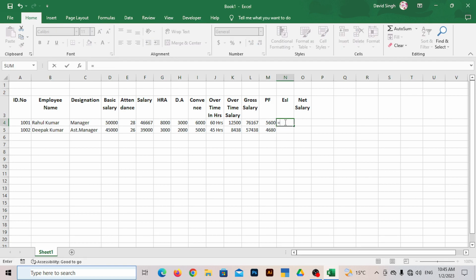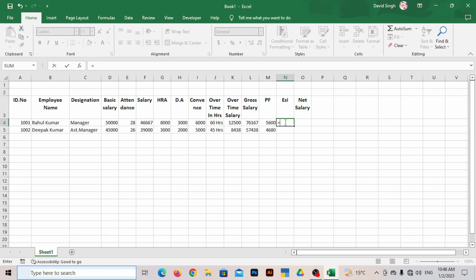And ESI. ESI is employee state insurance. It is also known as medical insurance. In our day-to-day life we take some medical insurance policy, but company workers may not have the ability to take such insurance for their medical needs. That is why the company provides the ESI state insurance policy.